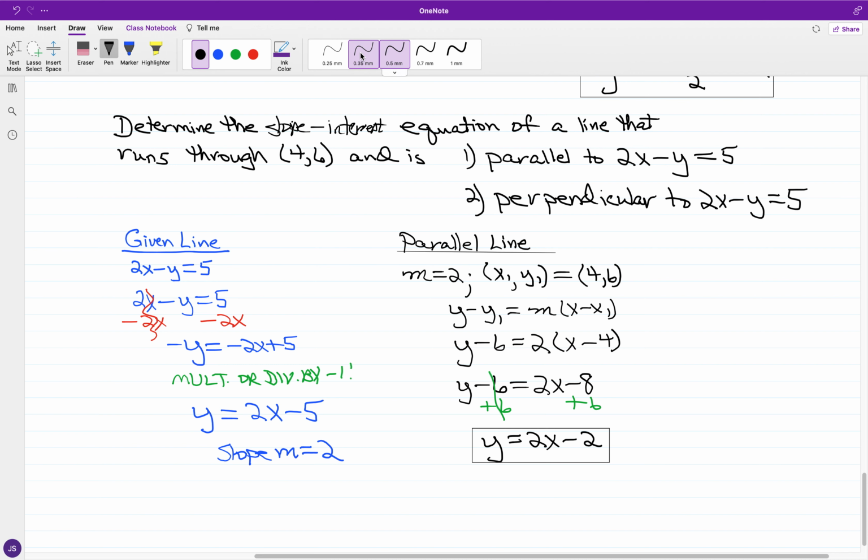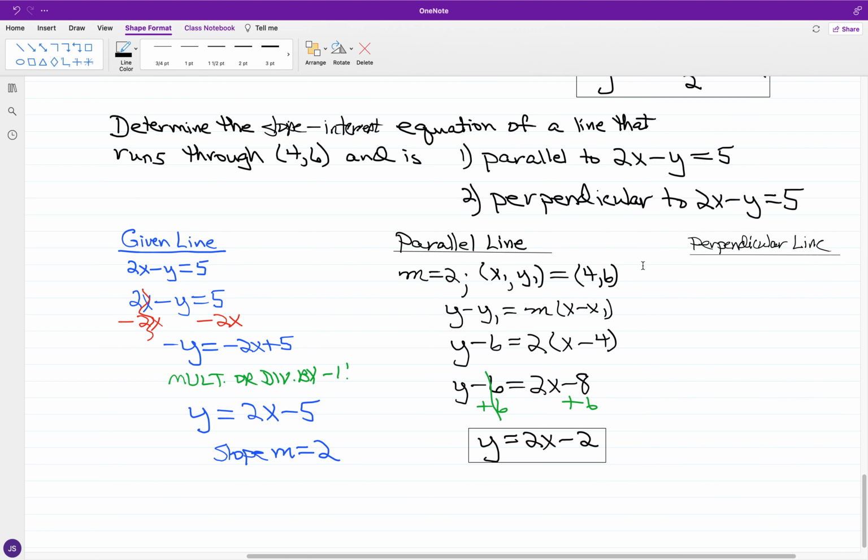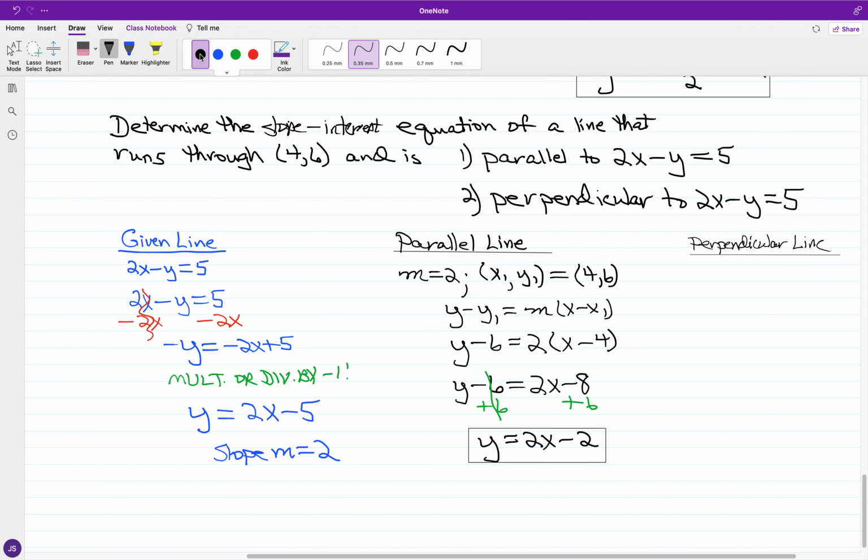And for what we have in the case of the perpendicular line, again, not the same slope, but the slope value that's going to be the opposite sign reciprocal of 2.